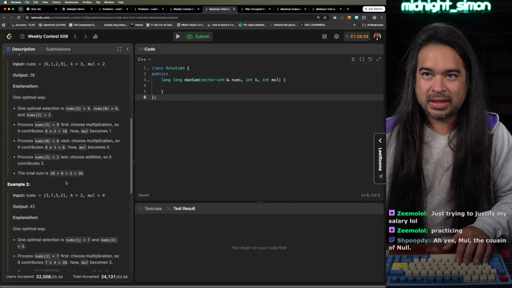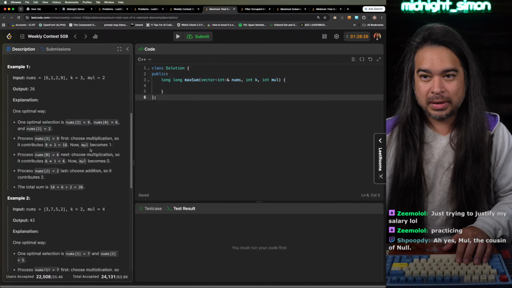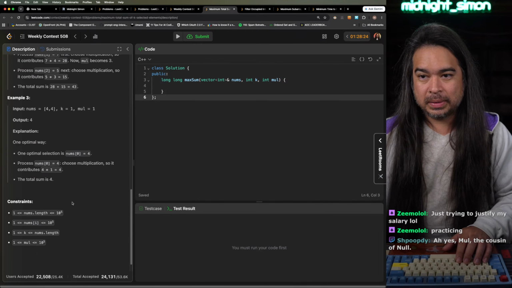Alright, so they say mul decreases by 1 and it can become 0 or negative. They also say the numbers are all positive numbers, and we have 10 to the 5th numbers.